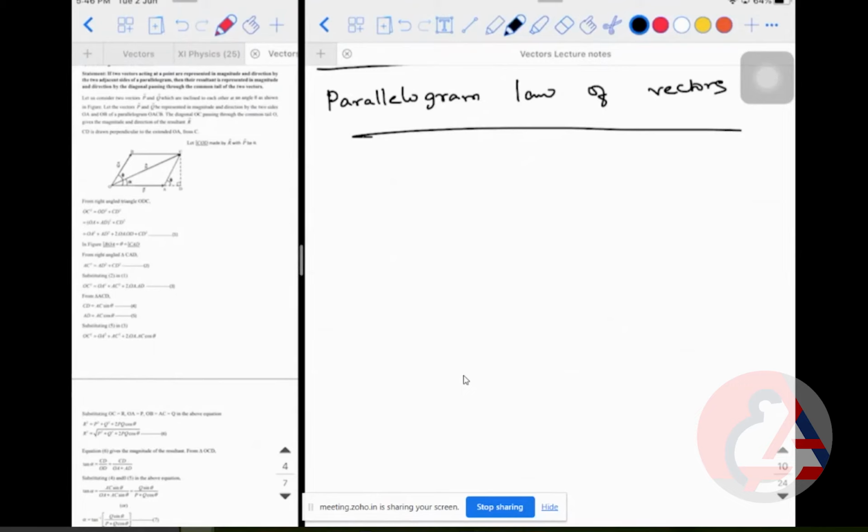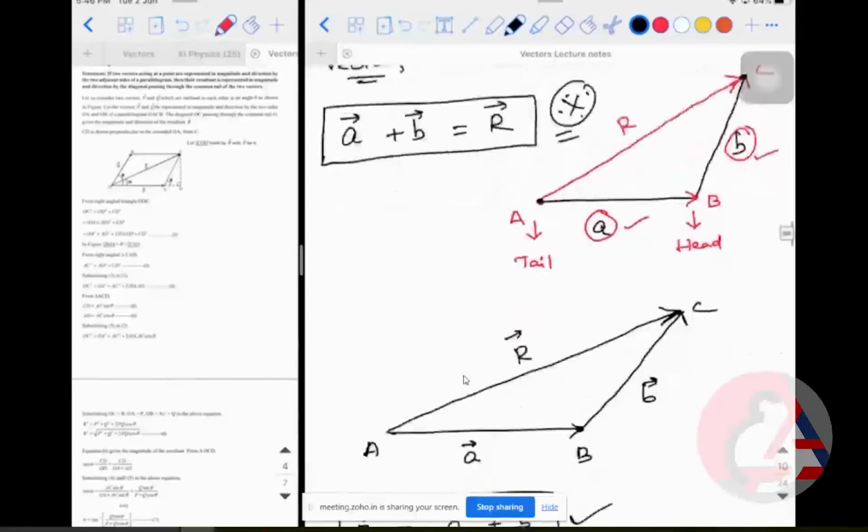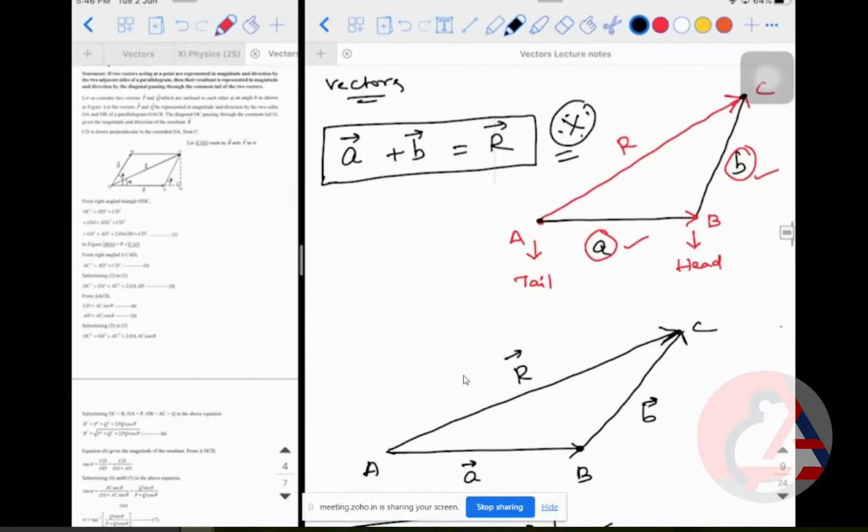When two vectors are acting at a point, in this case there are two vectors only. We are starting with two vectors only, unlike the triangle of vectors. So try to understand here. In this case, A vector and B vector are adjacent.